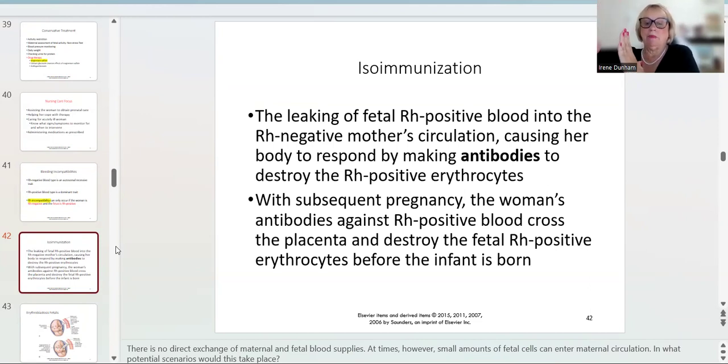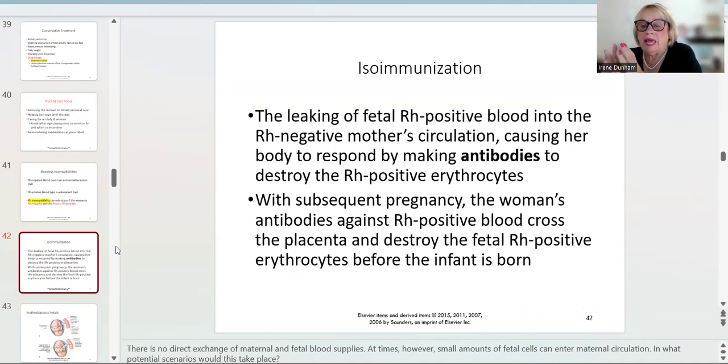So you take these antibodies and they're going to go after these beautiful Rh positive erythrocytes or red blood cells. It's because they don't want them there. They don't belong there. Mom's blood is negative. So I can't have somebody coming in that's positive. So my little warriors, the antibodies, are going to go, boom, boom, boom. You can't be here.